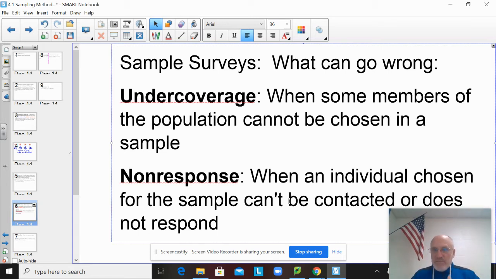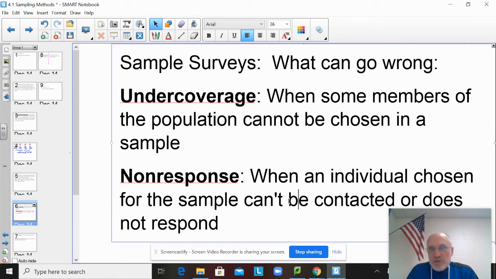So if I take a perfect simple random sample and then I contact 30 people and some of them I can't get a hold of, or some of them just don't answer, my sampling method was fine, but if some just don't respond, and again, be on the lookout, that could lead to bias because who's more likely to respond to those?